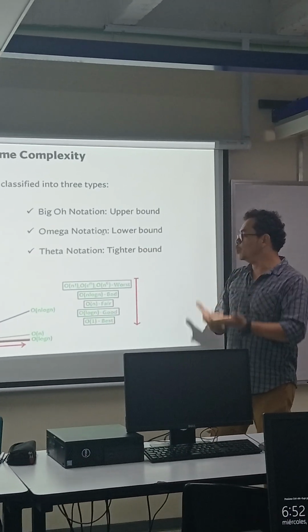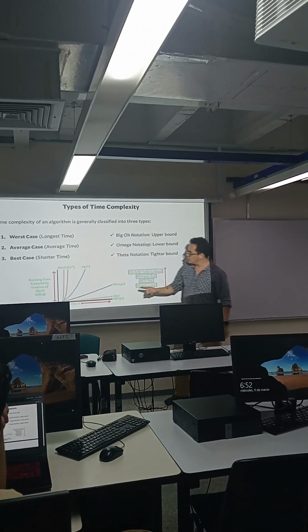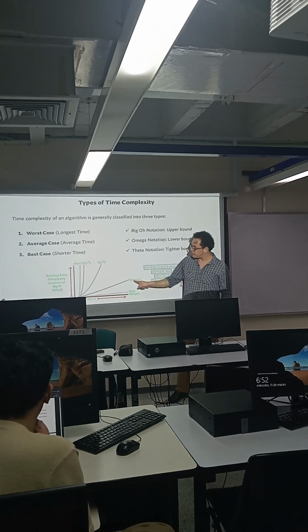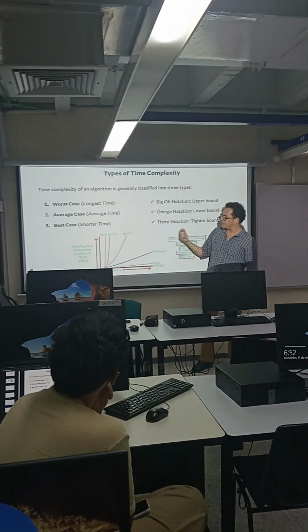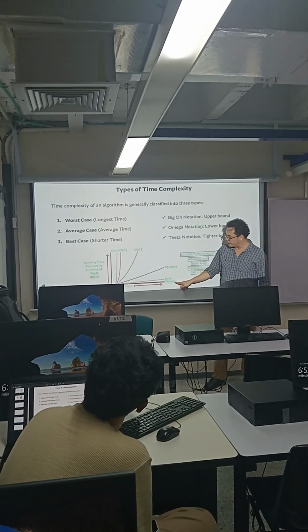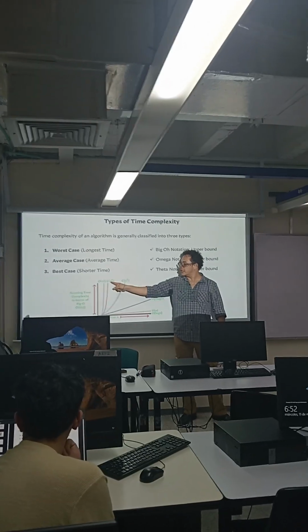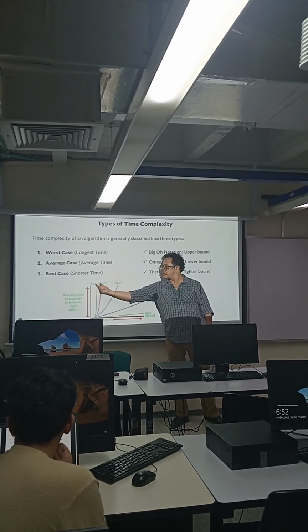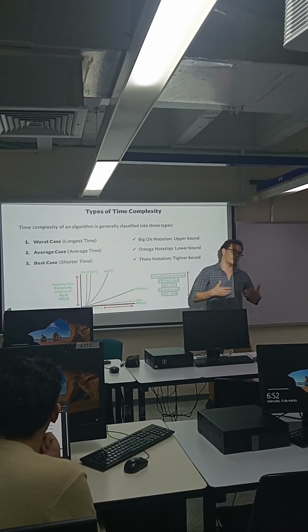Then we take the function, the number of instructions for this algorithm, and we use this to classify. For example, depending on the function, we classify it if it is in this order, logarithmic, or in this order, linear, or in this order, exponential. Then we use this notation to classify the function of the algorithm.